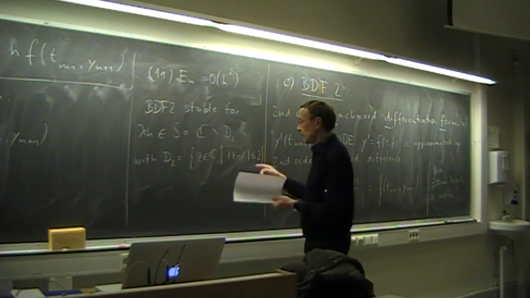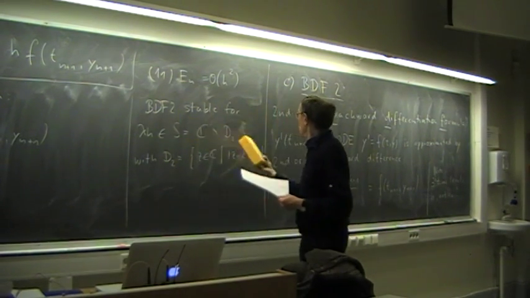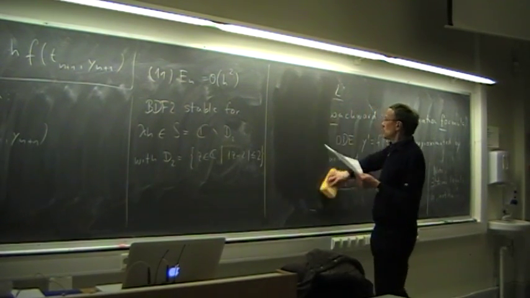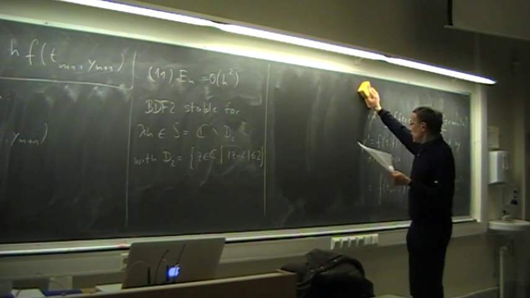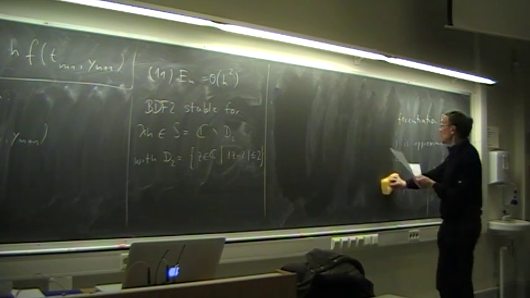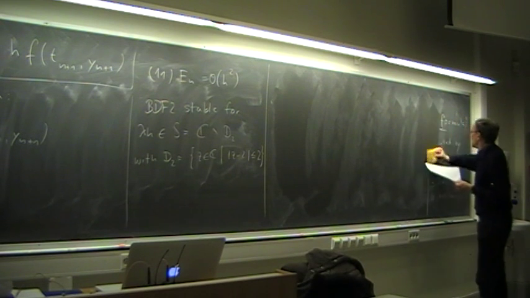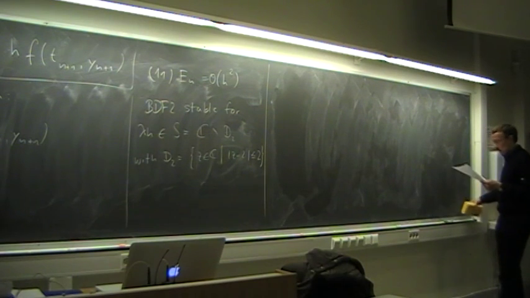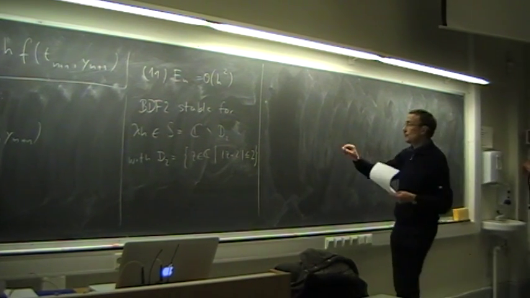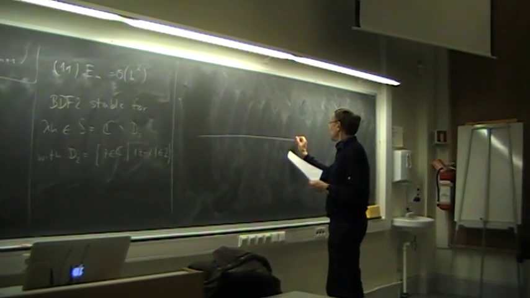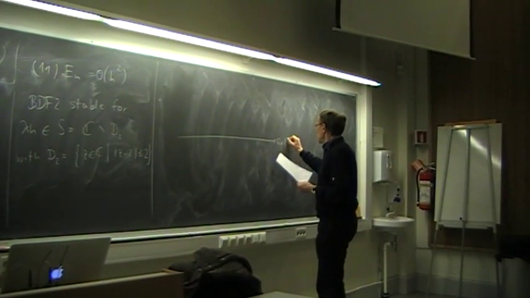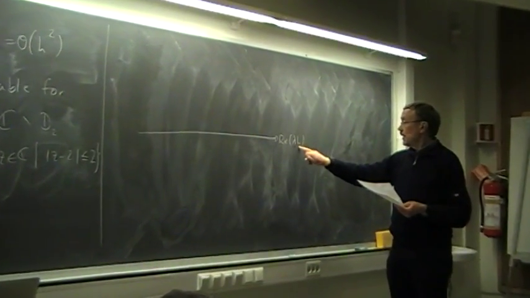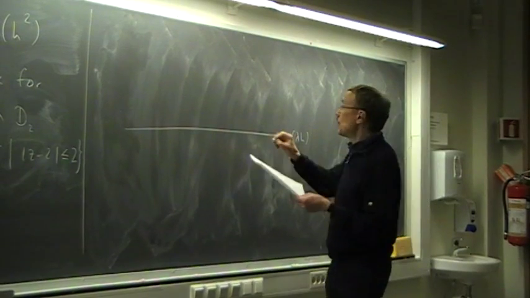So we'll plot that now. We don't need to keep that in mind, but it might be good to have it in mind as a picture of the domain itself. And it looks like that. We have again the real axis of lambda h, lambda coming from the test equation, and h our time step.